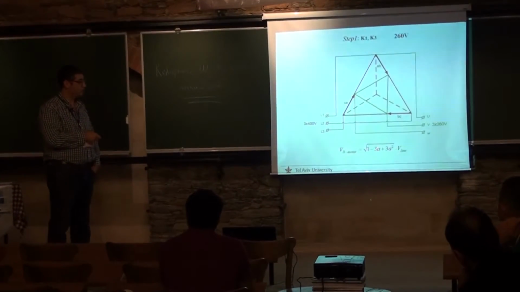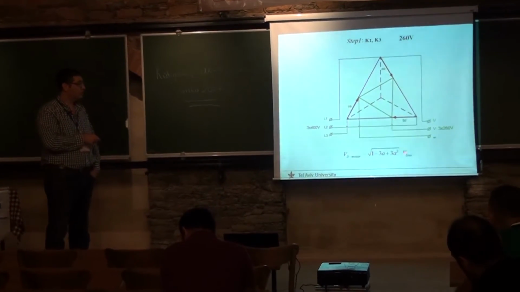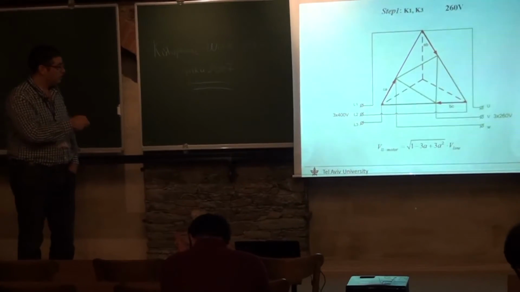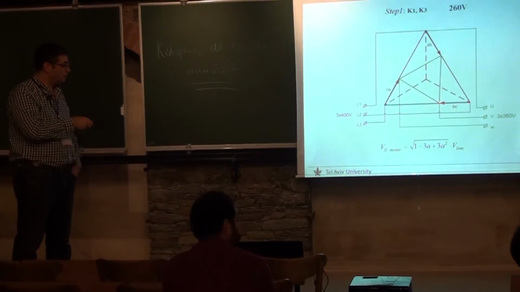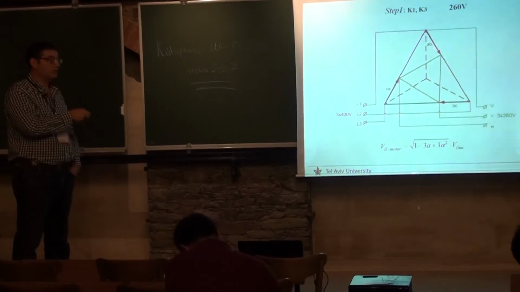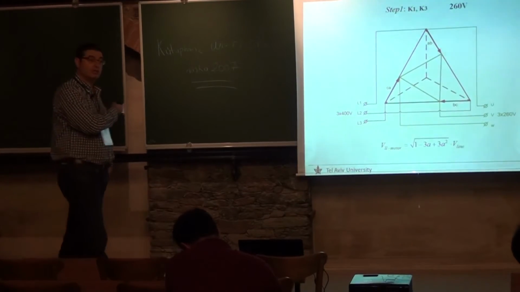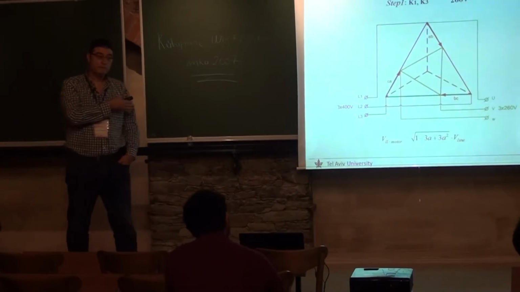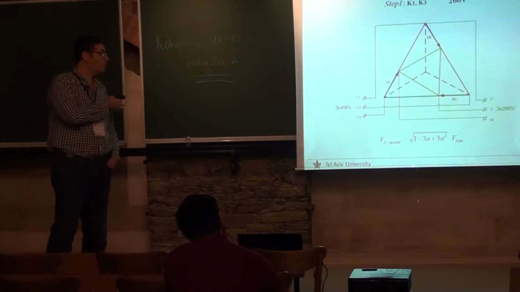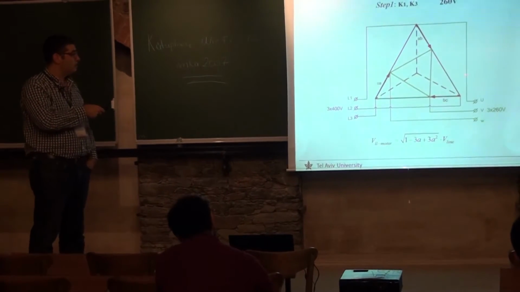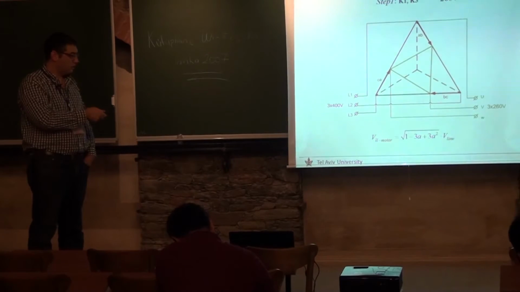But you can see already here that we can reduce the voltage. That's the maximal reduction, because these vectors here are the biggest ones, because the primary is connected in delta as well. And they are also in phase, so that's the relation.